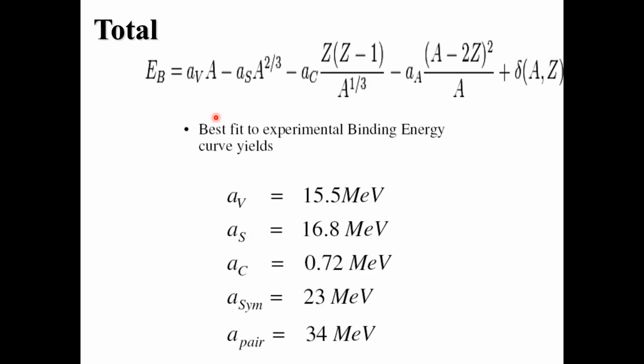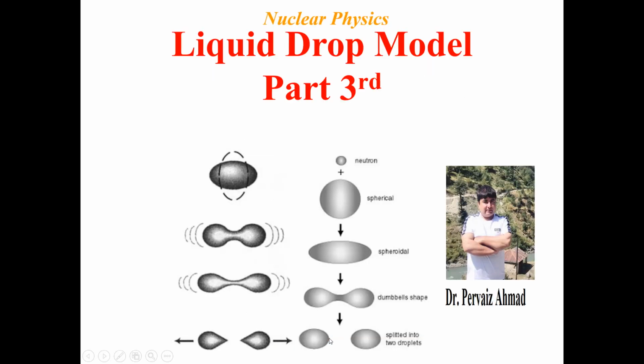For the volume energy a_V, we have the value of 15.5 MeV. For the surface term, we have the value 16.8 MeV. For the Coulomb energy, the value is 0.72 MeV. For the asymmetry, we have 23 MeV, and for the pairing, we have 34 MeV.